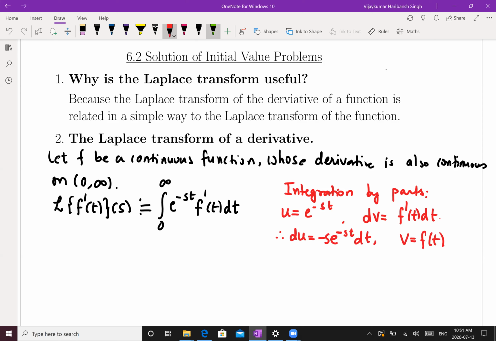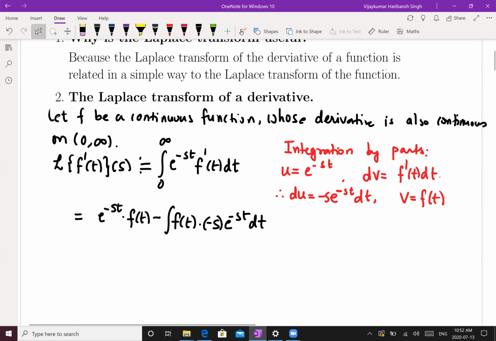So this integral turns out to be e to the power minus st times f of t, minus the integral of v du, where v is f of t and du is minus s e to the power minus st dt. Yeah, uv minus the integral of v du is the formula for integration by parts, right?